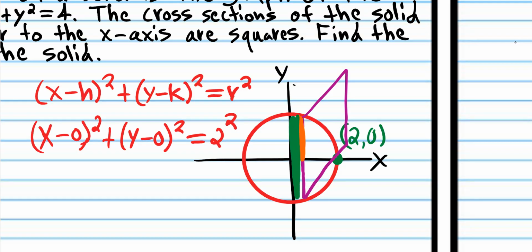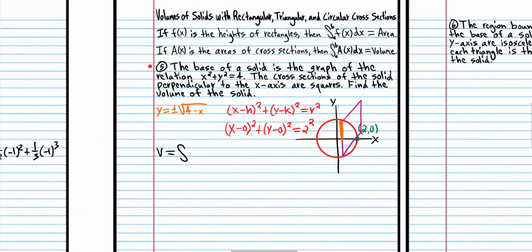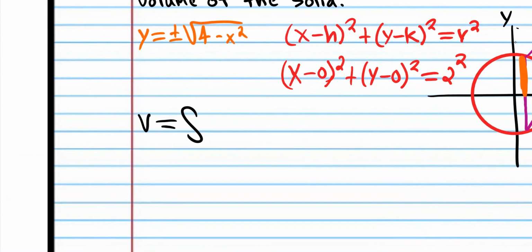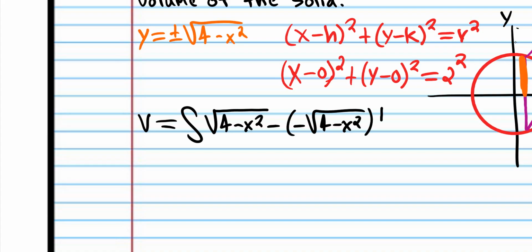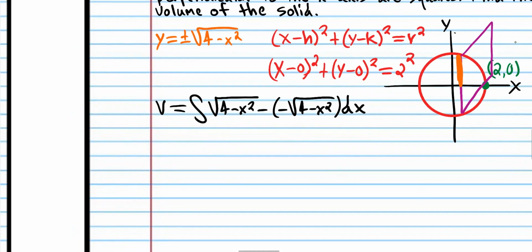That's what we want. That's the base of the square. Okay, so square root of 4 minus x squared minus negative square root of 4 minus x squared, dx.